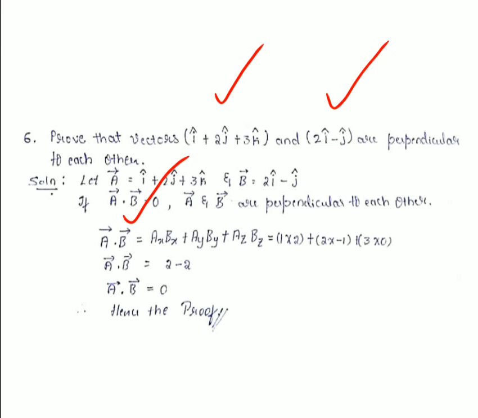Okay, if it is perpendicular, then what you have to prove? We have to prove A dot B is equal to 0. From the problem, write down the magnitude values of AX, BX, AY, BY, AZ, BZ. You can see here AX value is 1 and BX value is 2. Next, AY value is 2 and BY value is minus 1.